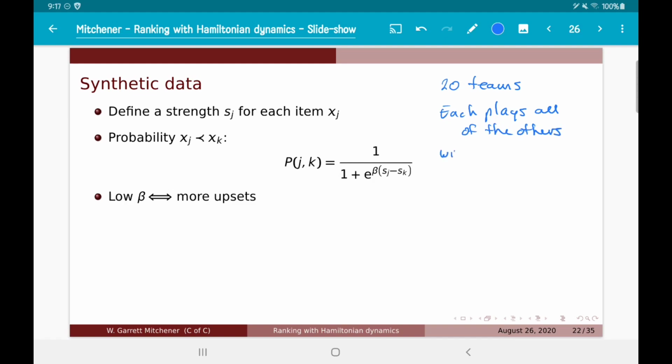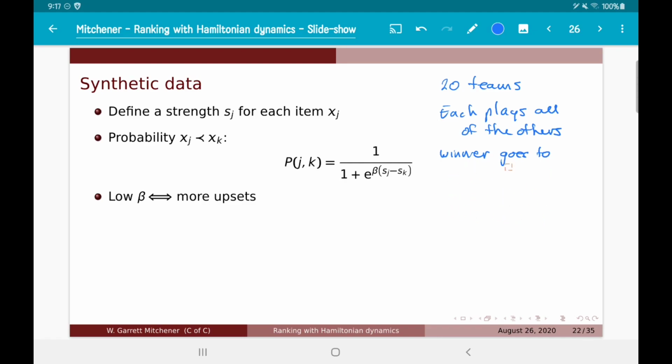The winner should go to the right, and the loser goes to the left. I want a random element, so it is possible to have upsets. But I want to have control over how many upsets, and I want to still have some kind of underlying linear order to pull from.